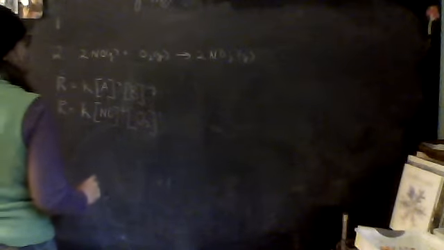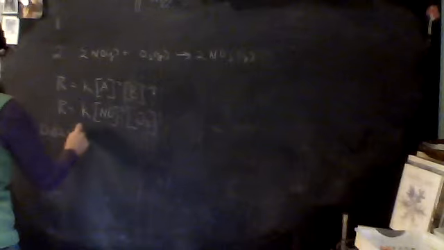So what is K? Let's pick one of the trials. We know R, and we know the concentration of the two substances. Let's use trial 1. What is R? The first trial: 0.0281.